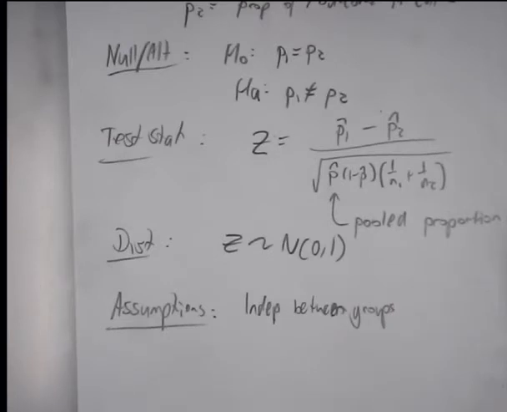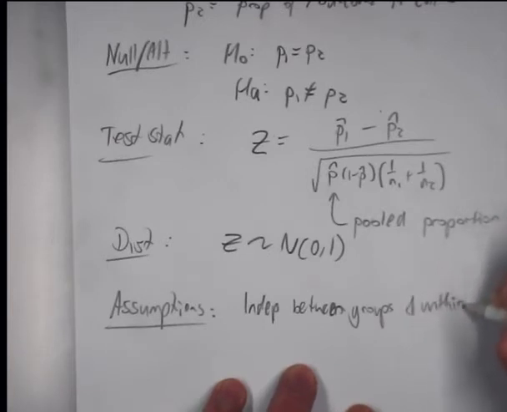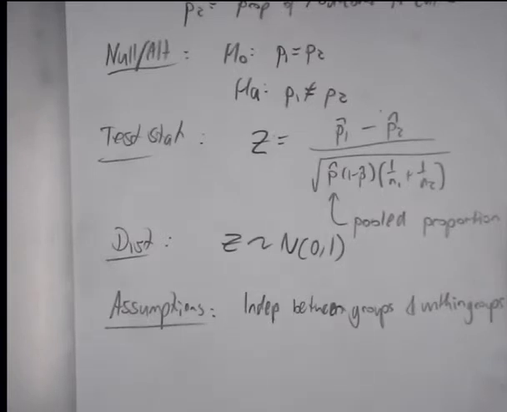Technically, the between groups isn't necessary because they might have the same proportion, but you need that P1 hat times n to be more than 10, I reckon.